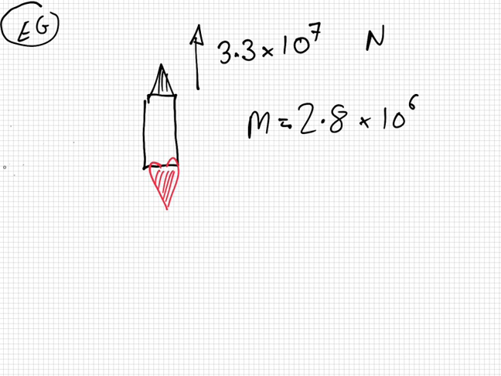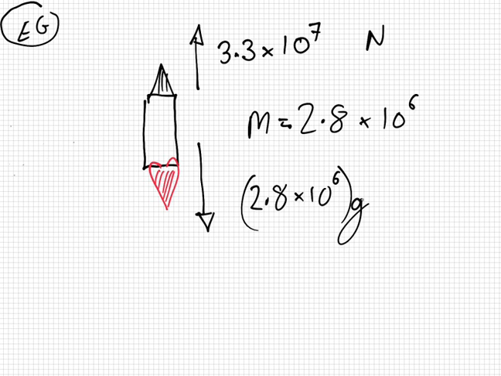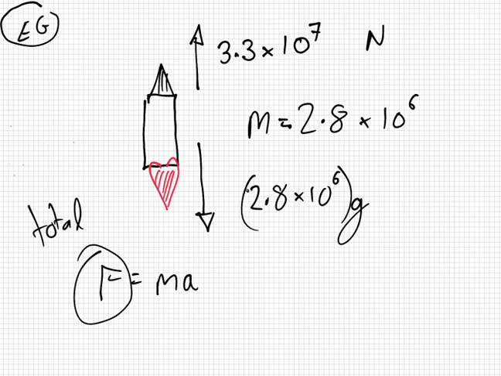Yeah, so there's a weight down here. So don't forget, there's a weight here of 2.8 times 10 to the 6 g. So when you use your F equals ma, that F there is the total force. So what do you do with this number?